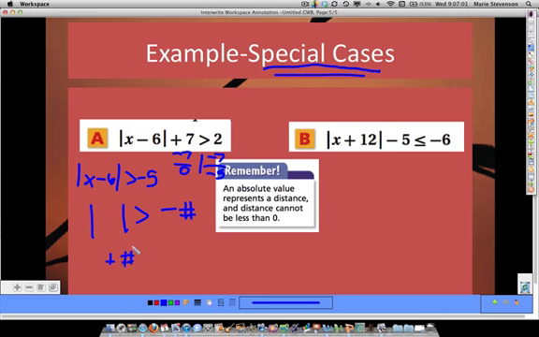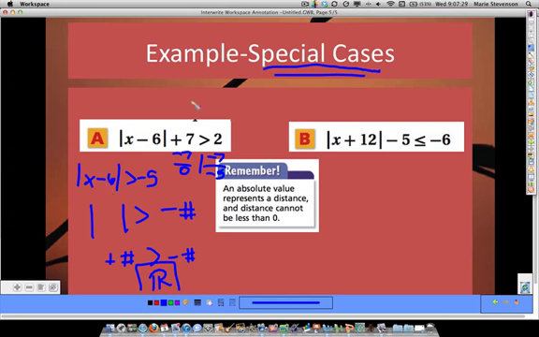So this is really saying positive numbers greater than negative numbers. Aren't positive numbers always greater than negative numbers? Yeah. So in this case, the answer is all real solutions because it's true. No matter what you put in for x, you will always get a positive answer out, and it'll always be true.